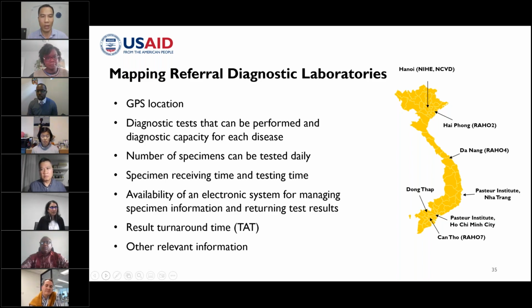And what about other information like receiving time, other requirements, and the turnaround time for that lab from the receipt delivery at the lab until they return the result, and other information. Next slide.